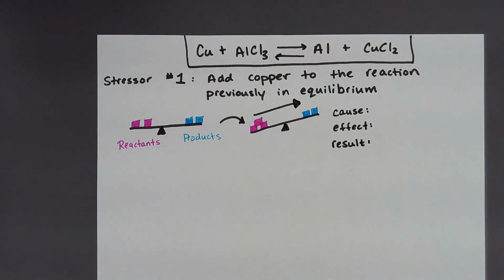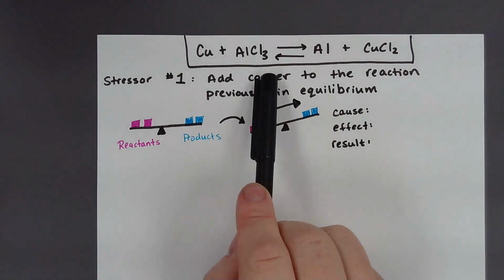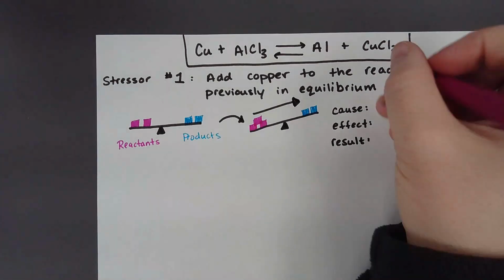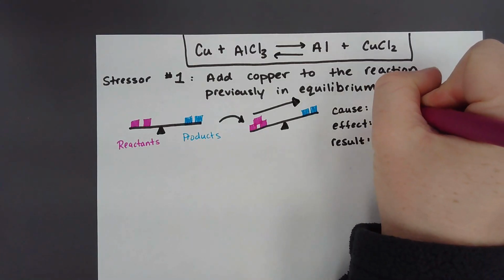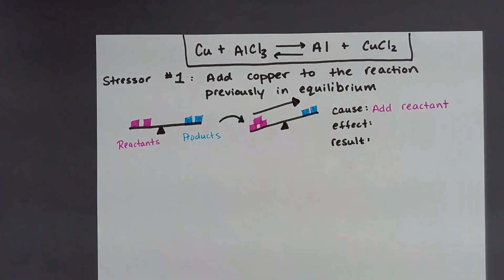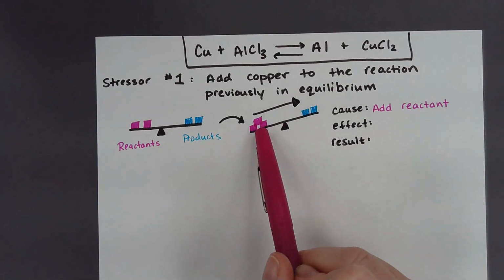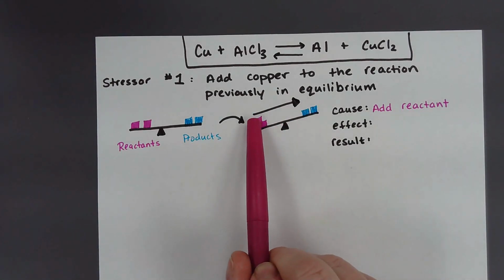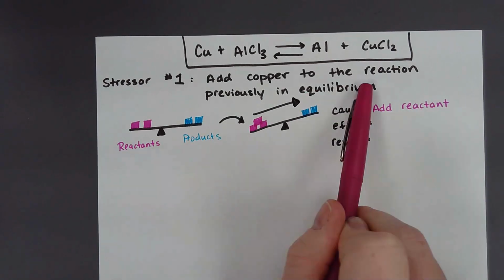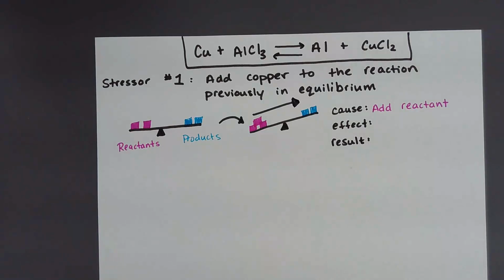So my cause here, what I did was add copper. Copper being a reactant. And what I did here was I shifted my teeter-totter, and my teeter-totter is moving this way now, up and to the right, being forward.